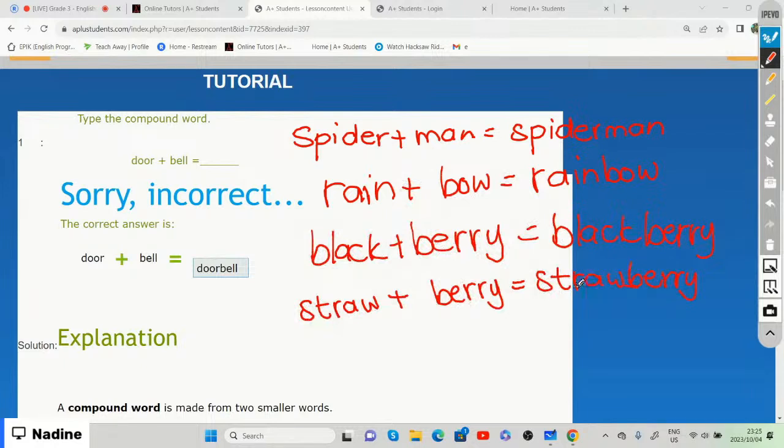It's two smaller words that we put together, and then we have our compound word. So in the meantime, you're going to think of some compound words, basically smaller words that you can put together to get a compound word.